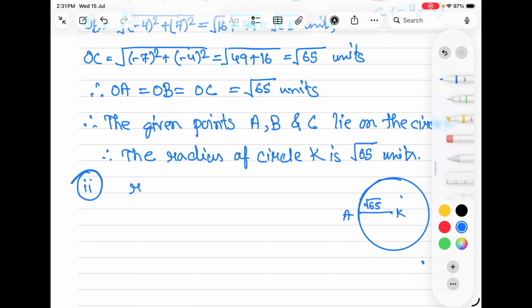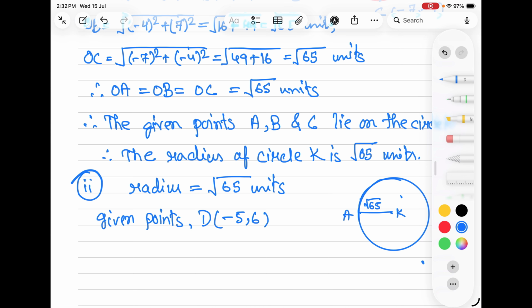First, write the radius, which we already found, square root of 65 units. Then the given points: D has coordinates minus 5, 6 and E has coordinates 0, 9.